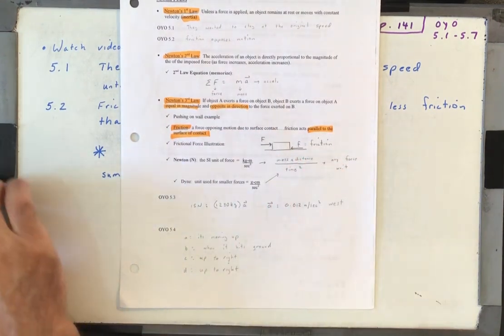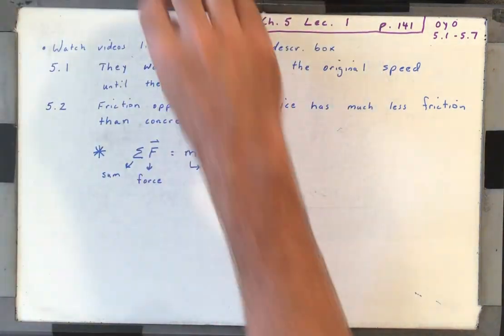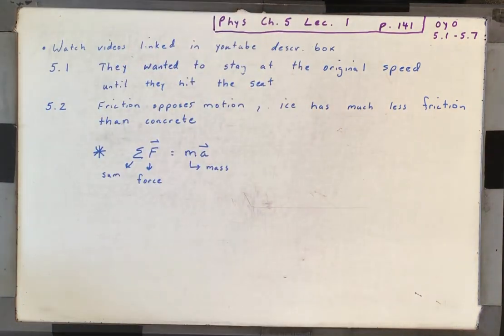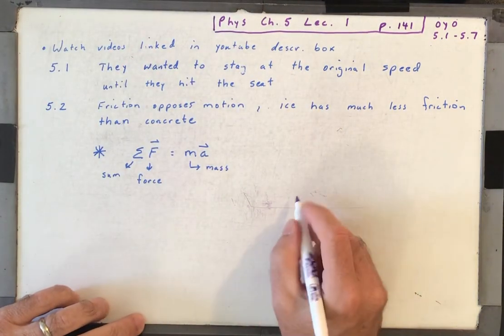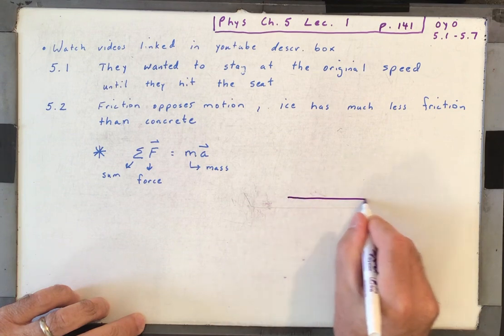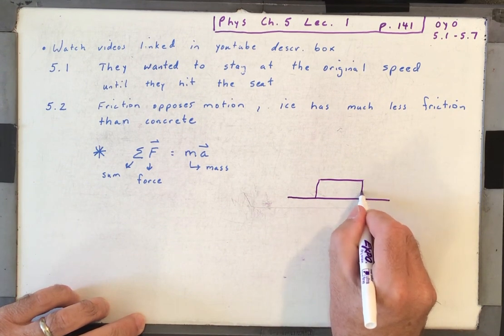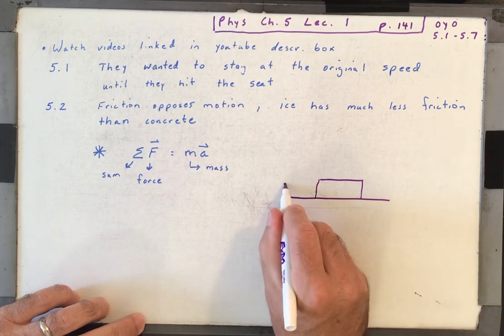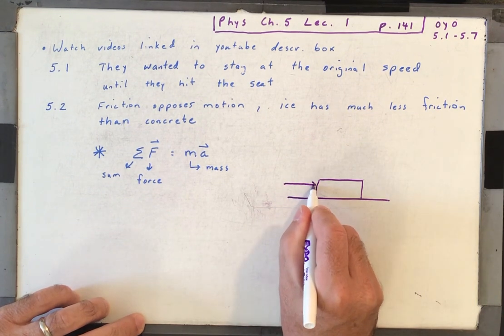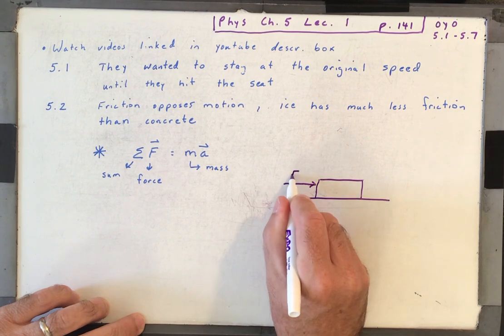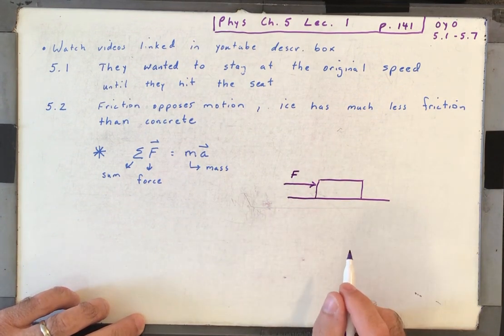We're going to draw this illustration, the frictional force illustration. So let's say this is the floor and we have a box. We want to push a box along the floor. Let's say we're going to push it to the right. We'll use an arrow indicating we're pushing a force to the right.